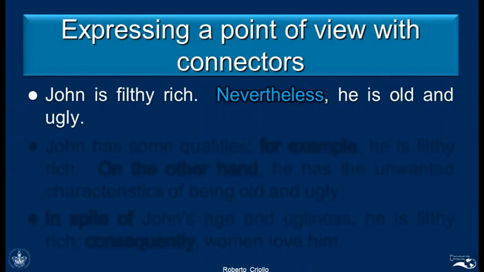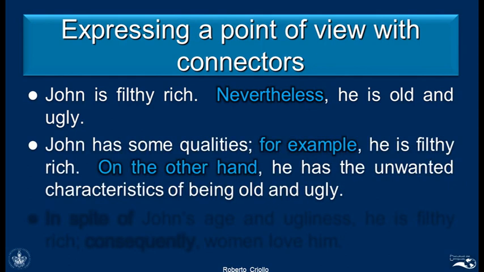We can say the opposite. John is filthy rich. Nevertheless, he is old and ugly. And in this case, I'm saying the opposite. I am saying that the most important thing for me is the fact that he's old and ugly, and it is not important for me if he has money or not. I can also use some examples and I can build an argument.